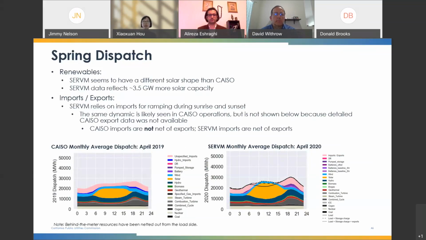So CAISO's imports data shown on the left is gross imports before netting of exports, whereas the SERVM imports shown on the right represents the net imports. So the difference here is largely driven by an accounting difference rather than a fundamental difference.